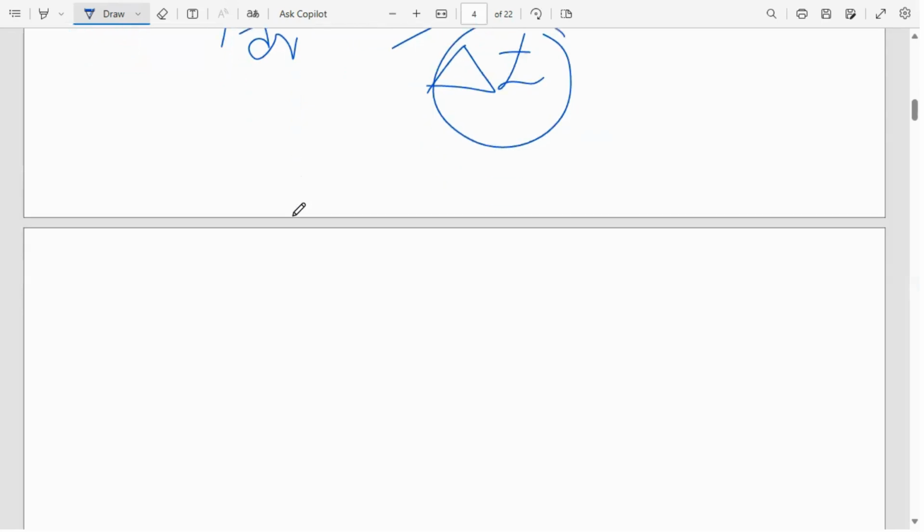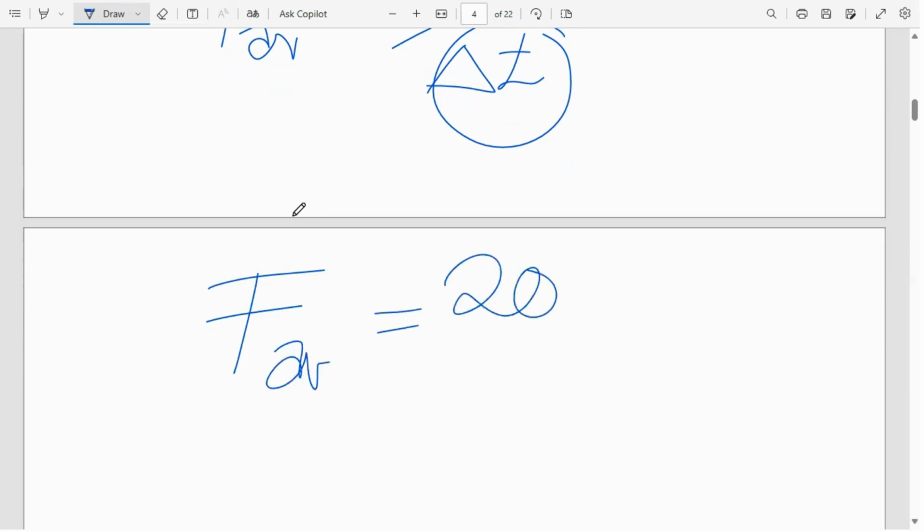So we've already calculated the impulse. We've said it's 20. So my average force here will be equal to 20 newtons over the time of contact, which they already gave us as 0.01 seconds.